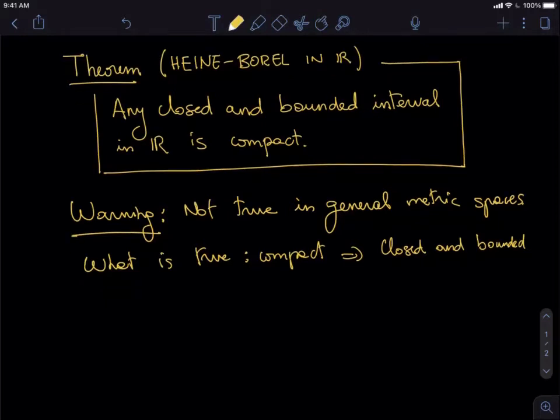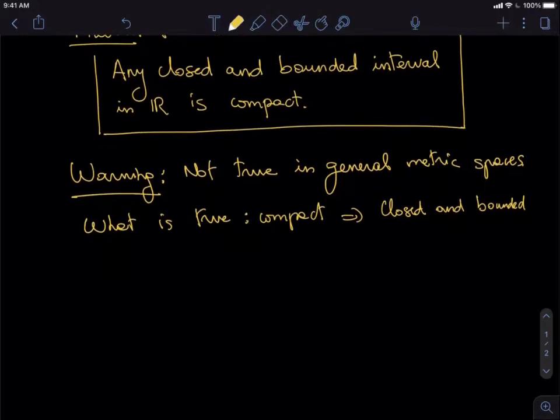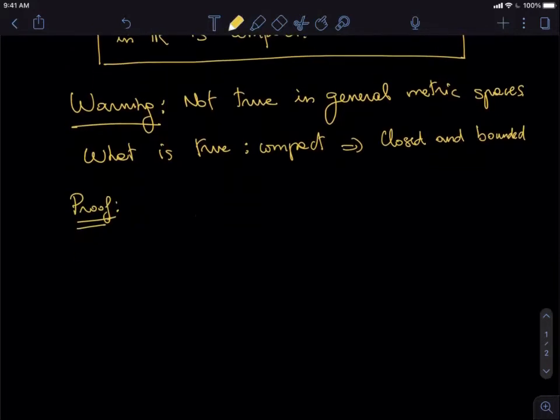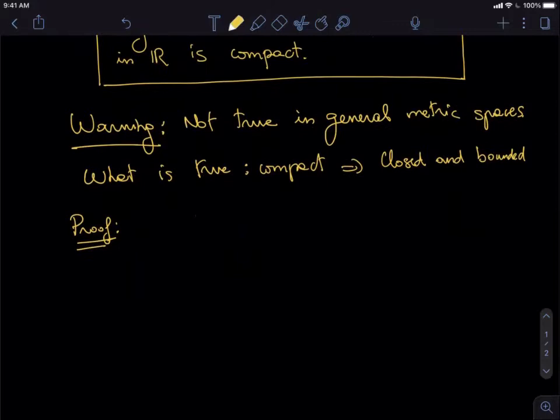Okay, so let's see the proof. The proof is very neat. It uses in a very clever way the least upper bound property of the real numbers. So, proof. We have here a compact interval, right?